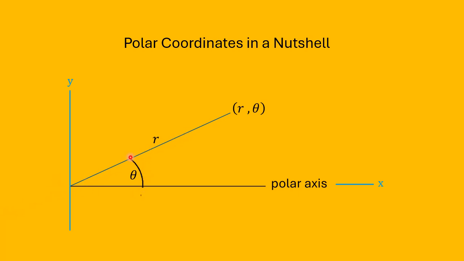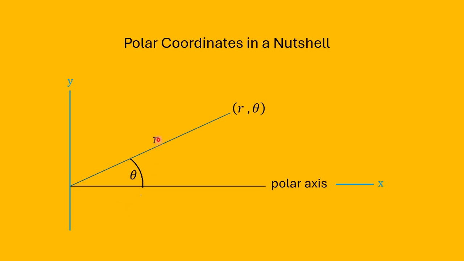Also, theta can be a positive or negative angle measured in radians. If it's a positive angle, we will start at the polar axis and go counterclockwise to measure that angle, which will then give us the direction for the point we're seeking. If theta is a negative number, we will go clockwise from the polar axis down this way.